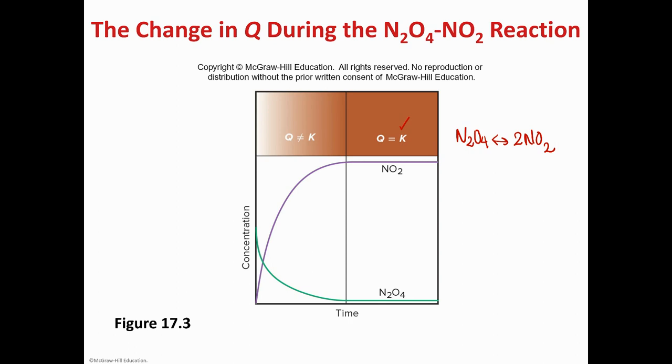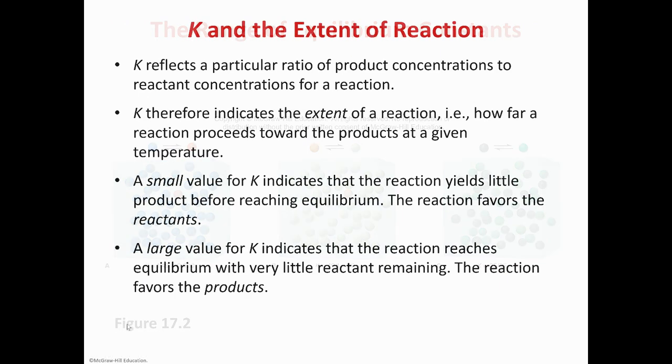But when you start a reaction, you're not there, right? So anywhere along the time frame that you're approaching equilibrium, Q is some other value. I kind of think of Q as sort of like a snapshot of where you are in a reaction, and which way you have to go to get to equilibrium.